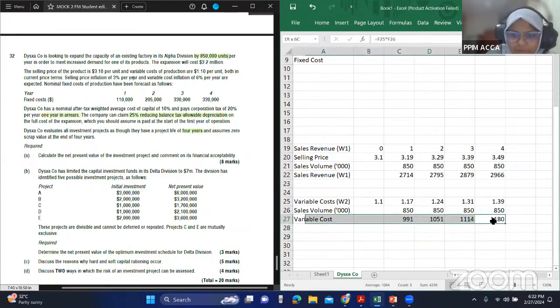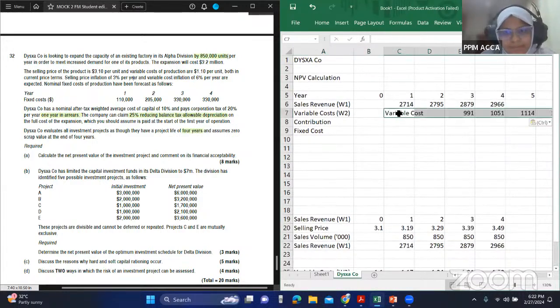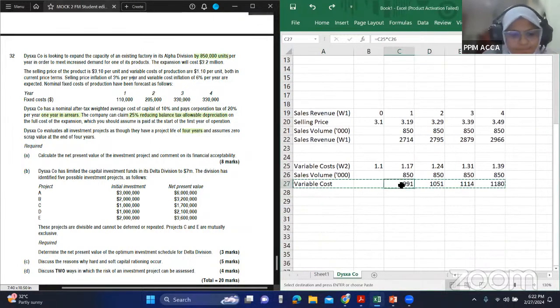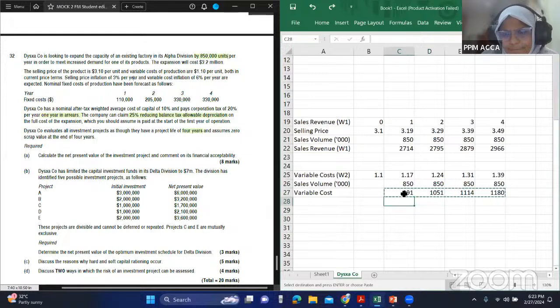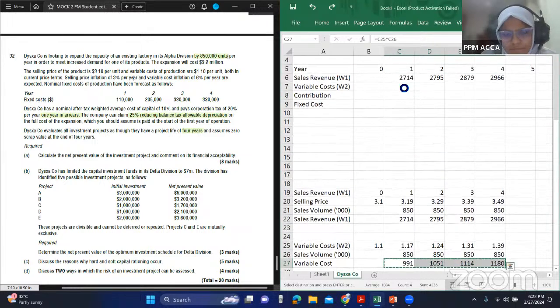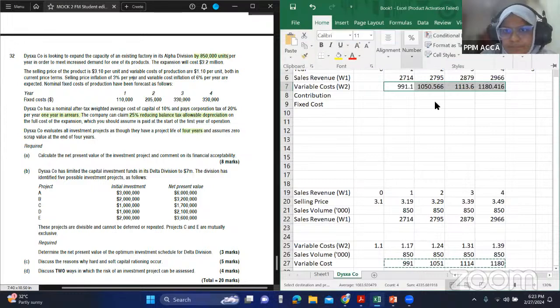We have all the variable cost as well. So let's copy it and paste it here. You can reference the cell, but it doesn't make a difference because anyway we have formulated over here.